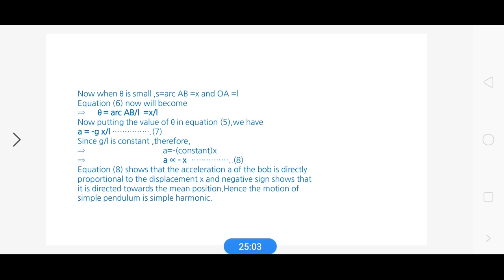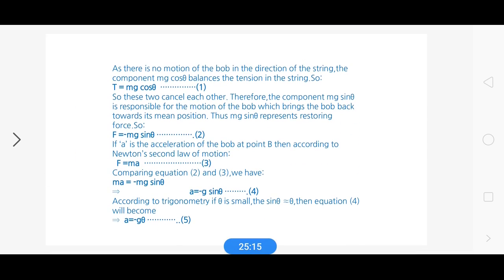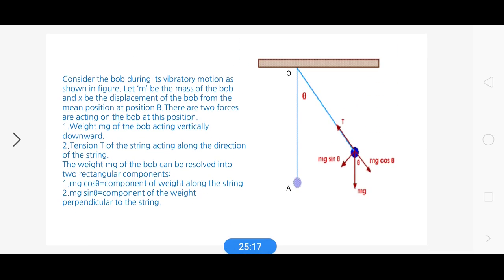Now by applying the trigonometric ratio, tan theta is equal to opposite by adjacent. The opposite is AB, and adjacent is OA.